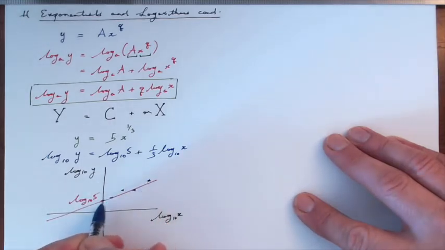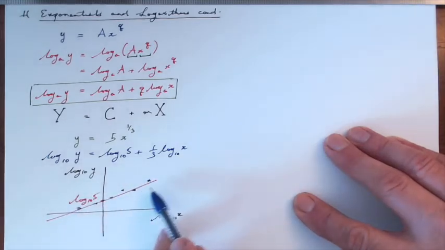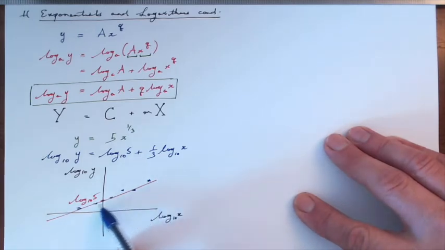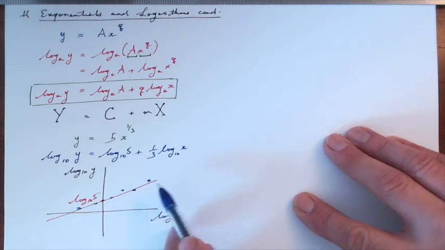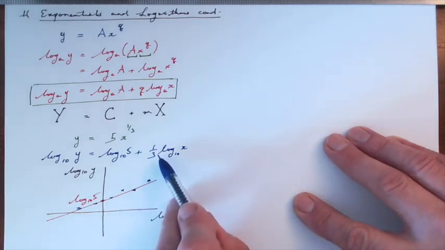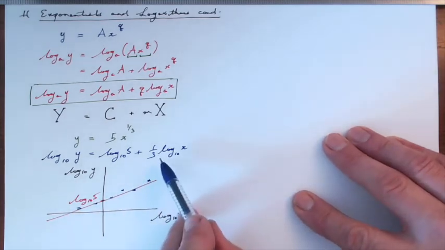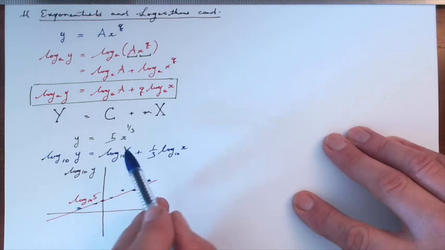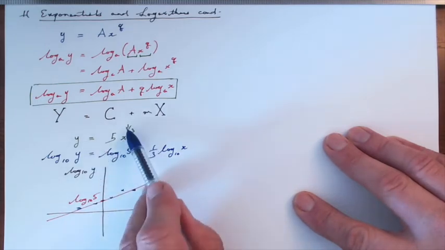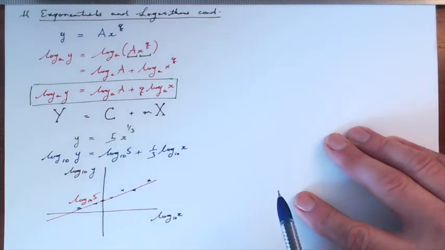Say I get something which looks relatively like a straight line. I can easily fit a straight line to my data, read off the slope, and in this case I would get a number very close to 1/3, and then I would have very good evidence that the law underpinning my data is x to the 1/3.